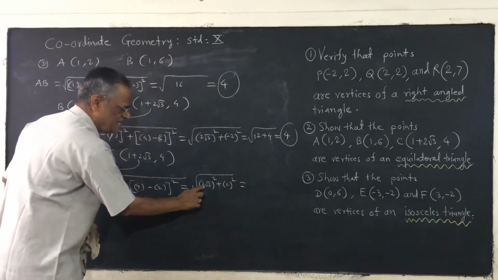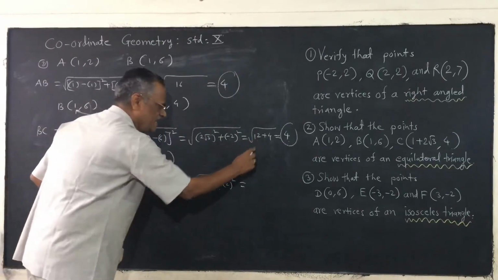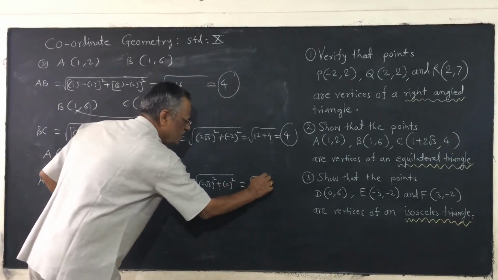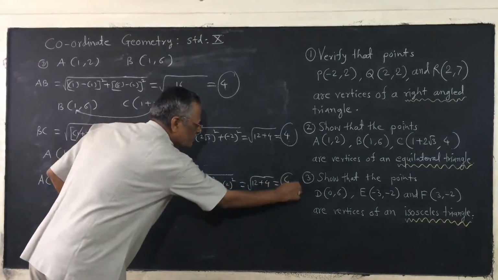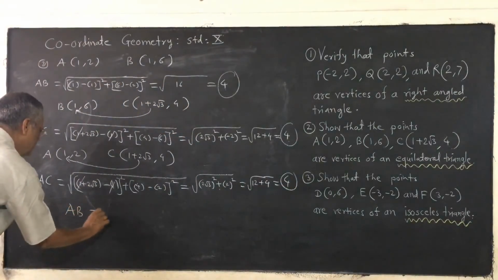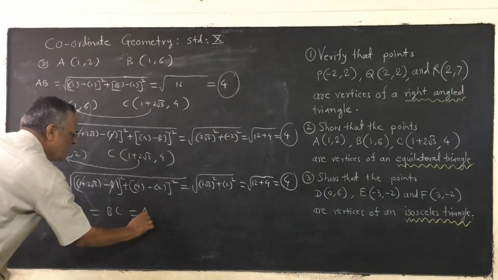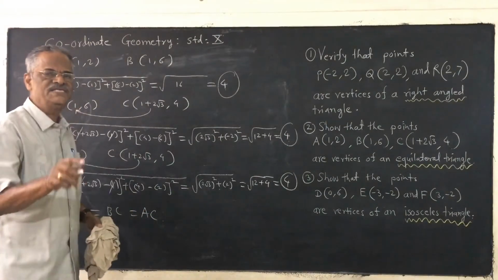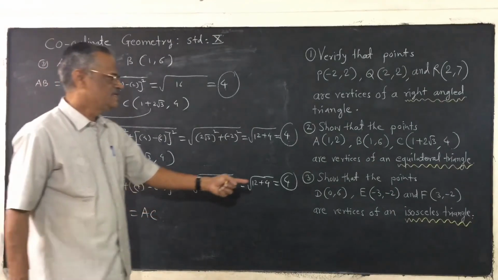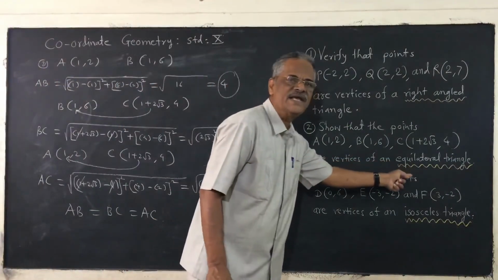Again, 2 root 3 square is 12 plus 4. So what is the final answer? It is 4. So we are getting that AB is equal to BC is equal to AC. So definitely all sides are equal, so it is an equilateral triangle.